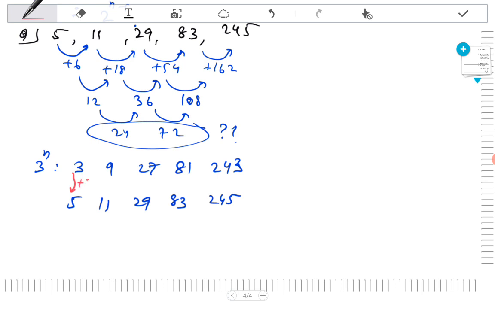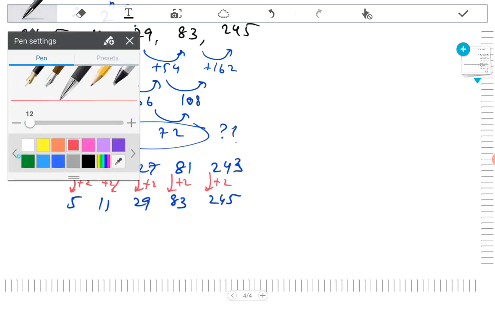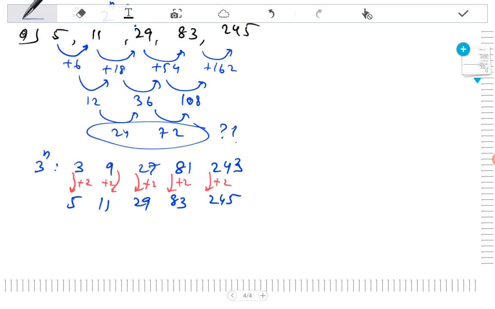I have to add plus 2 in this number, plus 2 in this number, plus 2 in this number, plus 2 and plus 2. So it's obvious that every time I have to add plus 2. So it's so simple that I can conclude my final answer as 3 to the power n plus 2 is the general term, or nth term, in this sequence.